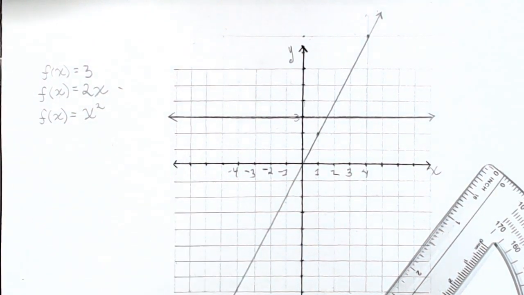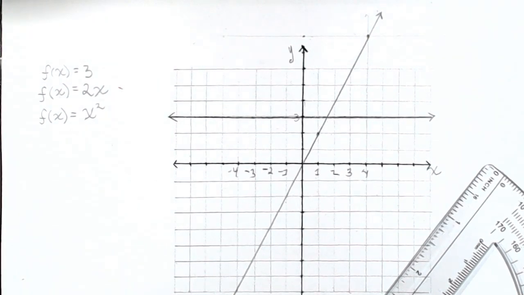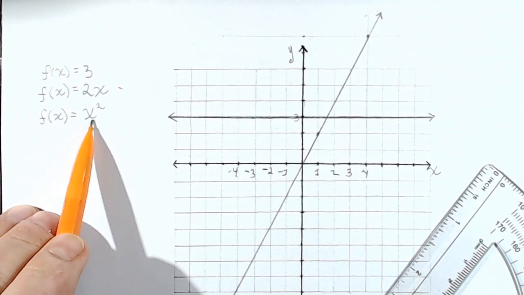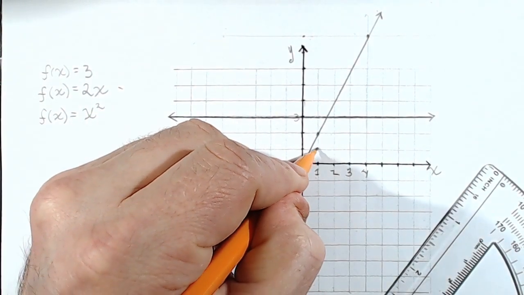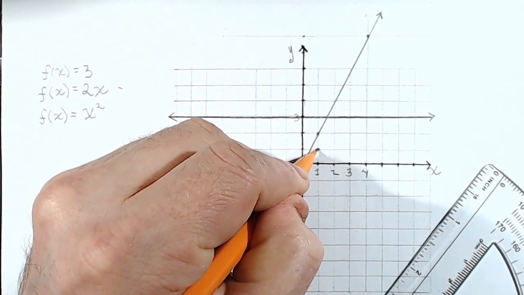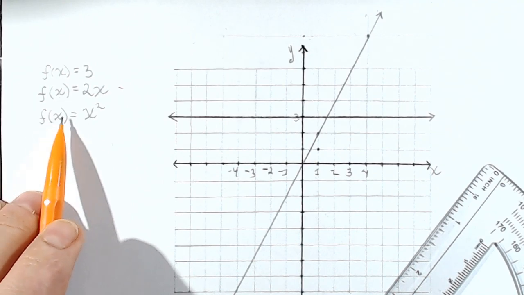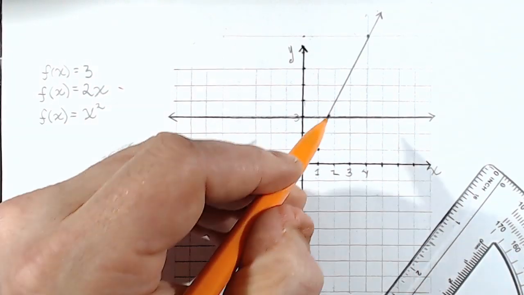Okay, so now when I plug in a value for x, I have to square it. So 1 going in here for x means 1 times 1, that's 1. So here's a point on that line. How about f of 2? Okay, plug in a 2 for the x. 2 times 2, 2 squared, is 4.